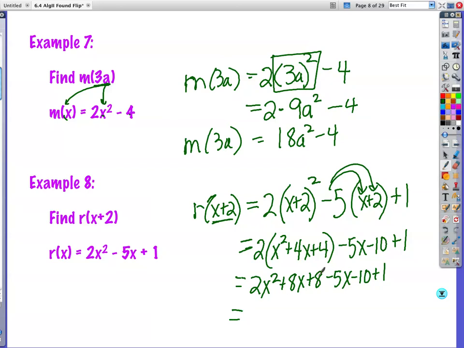I took 2 times everything, so I'll explain a little after the fact. 2x squared. I got 8x minus 5x, which is 3x. 8 minus 10 is negative 2. Negative 2 plus 1 is negative 1. And that is what r of x plus 2 equals.